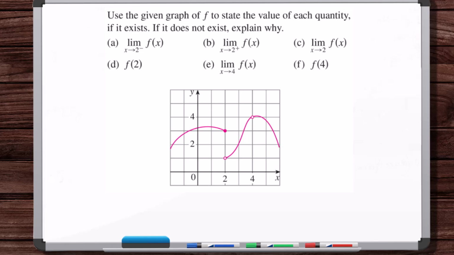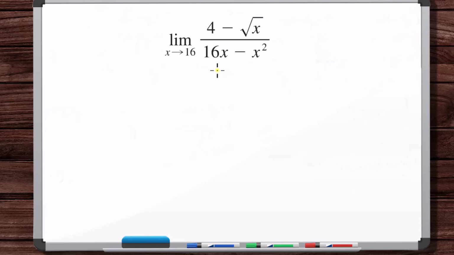Okay, but now the limit problems you're probably most familiar with are limits like this, right? When you think about limit problems on a calculus test, for example, something like this is the first thing that comes to mind.